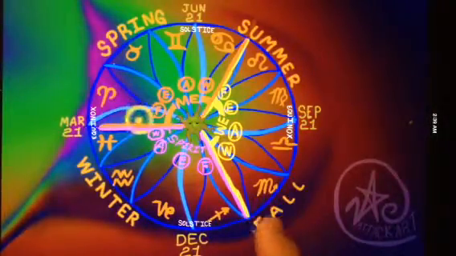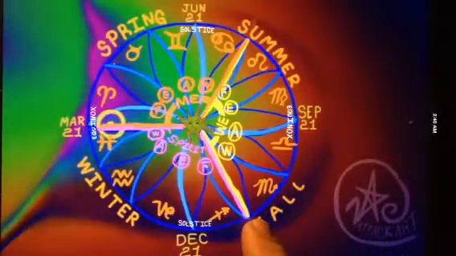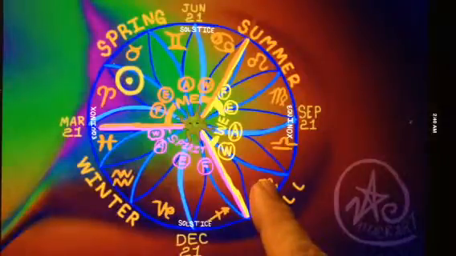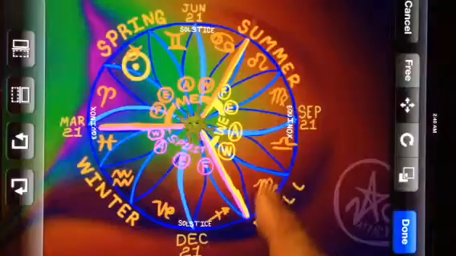So we have also these different months here. March 21st is always the spring equinox, and it begins the sign of Aries. So the sun will be in Aries from March 21st to April 21st.